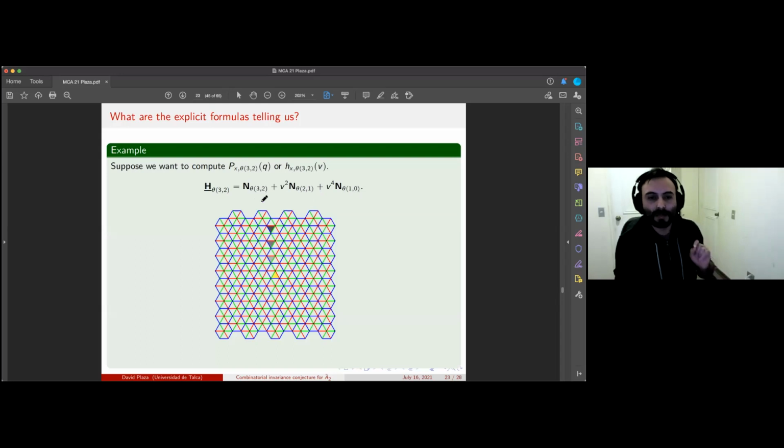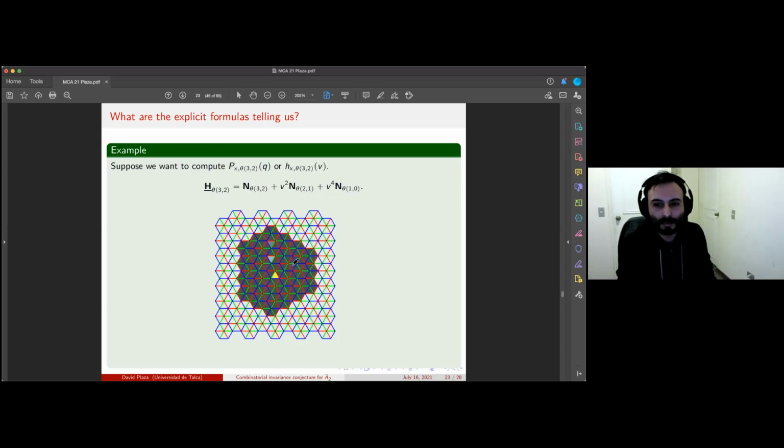And here we have to remember that the n element was defined as a sum of standard basis elements in the lower interval associated to x, in this case θ32, θ21, and θ10. So in order to perform the computation, we need to draw the lower intervals associated to θ32, that is this region, the lower interval associated to θ21, that is this region, and the lower interval associated to θ10, that is this set.